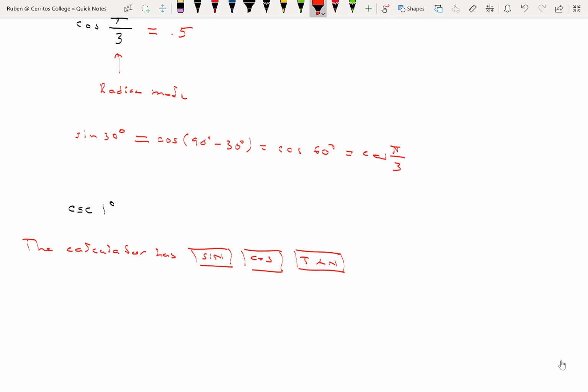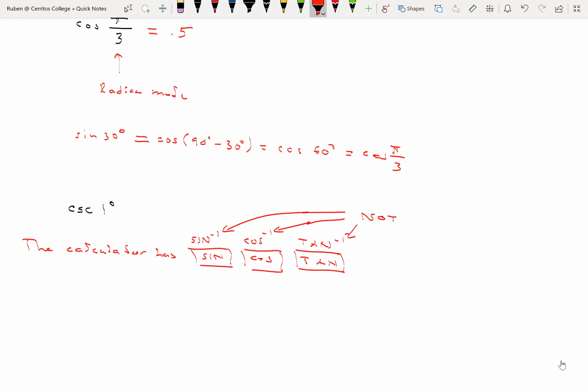cotangent. It looks like it does, because the second functions on the calculator look like sine -1 power, cosine -1 power, tangent -1 power. And that -1 power doesn't mean what you might think it means. The -1 power in this notation is not reciprocal, is not 1 over.